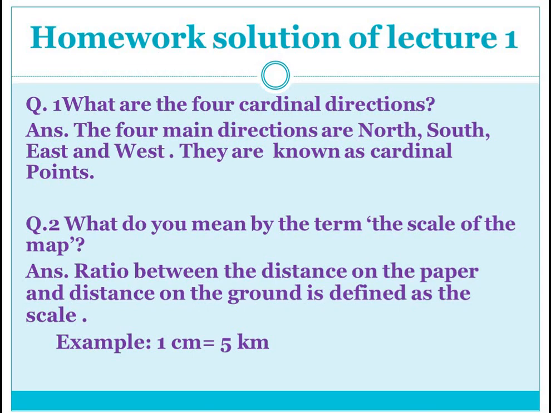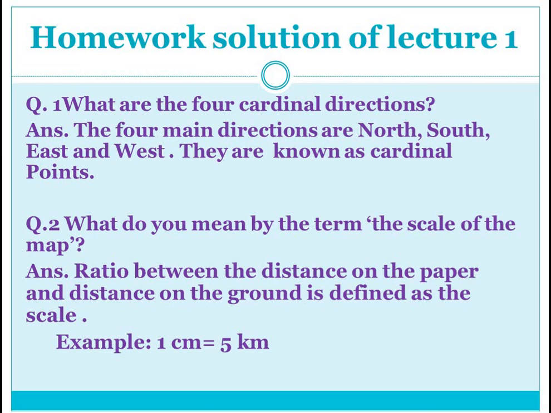What do you mean by the scale of the map? The ratio between the distance on the paper and the distance on the ground is defined as the scale. This is the definition of the scale of the map. For example, 1 centimeter is equal to 5 kilometers. Here 1 centimeter represents 5 kilometers of the ground.